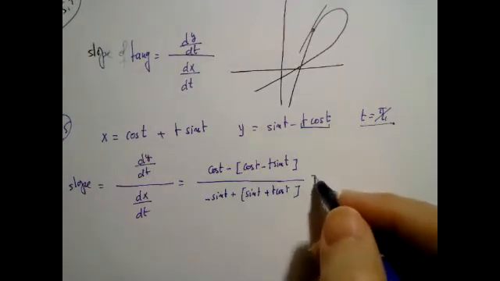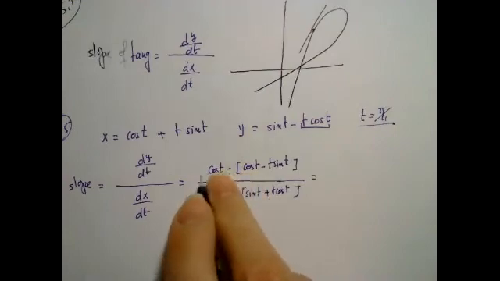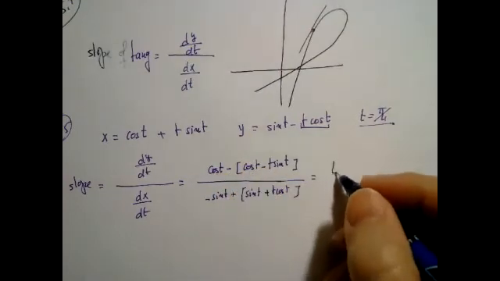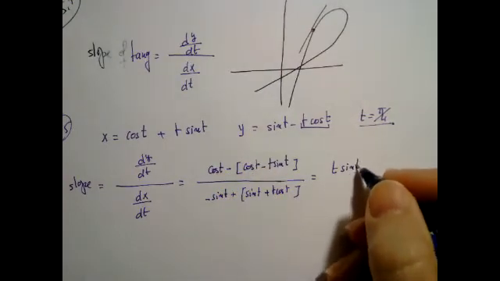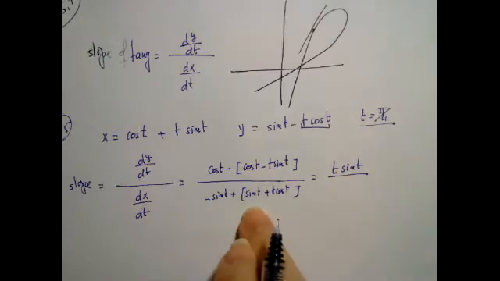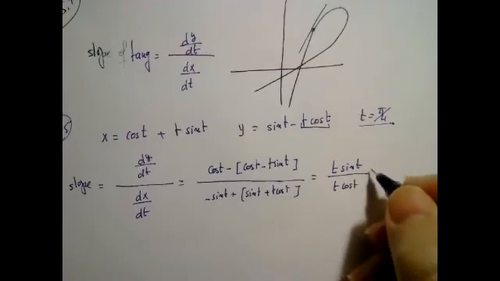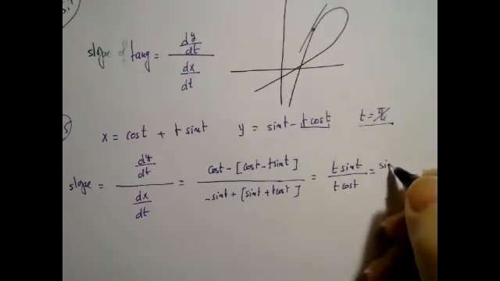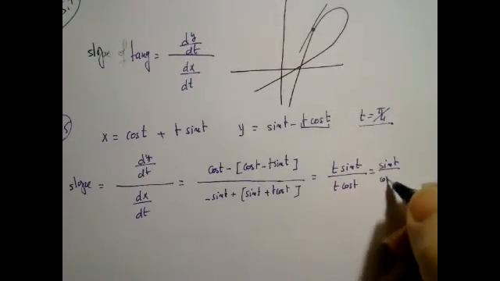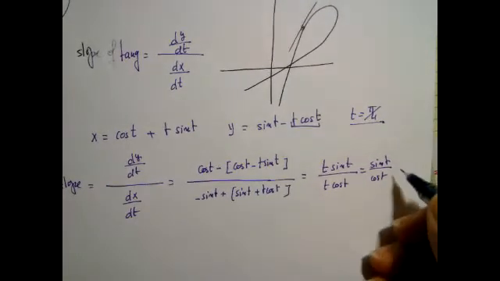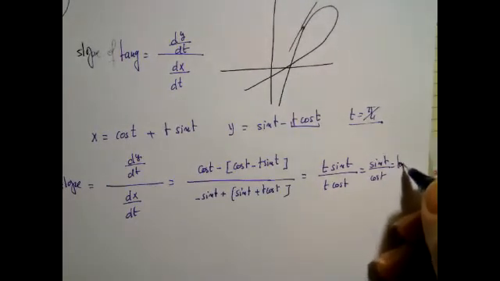So finally, cosine minus cosine cancel each other out, minus minus a plus. So I will have t sine t in the numerator, and in the denominator minus plus, they cancel each other out, and I will have t cosine t. So finally, I will have sine over cosine.